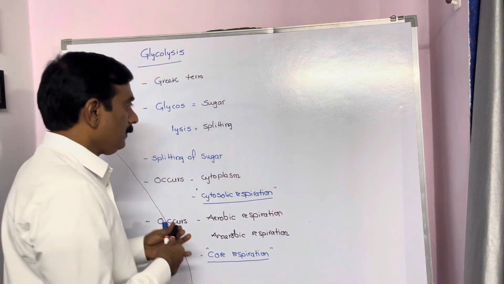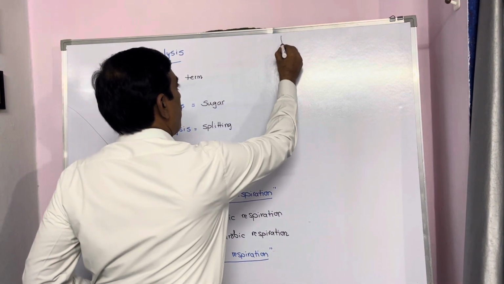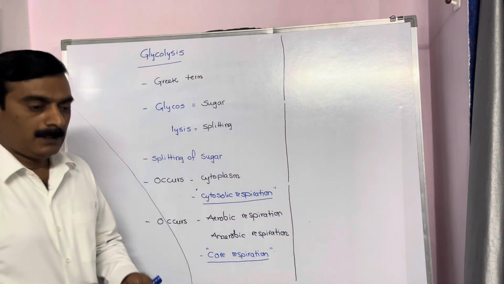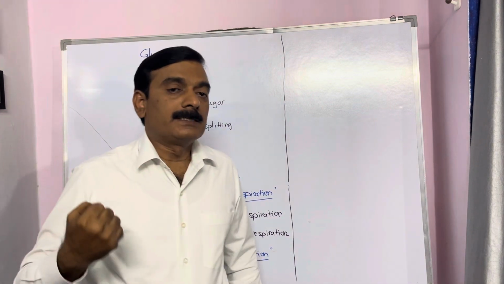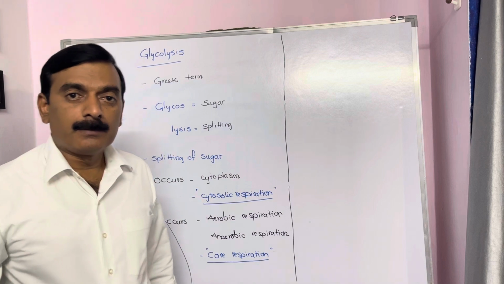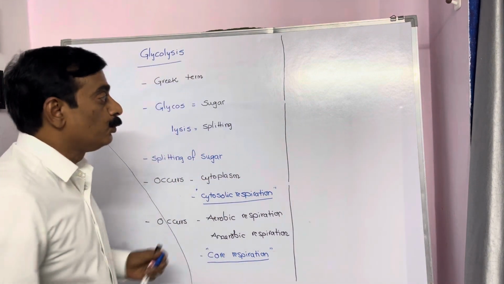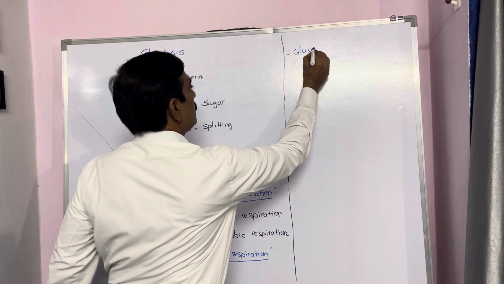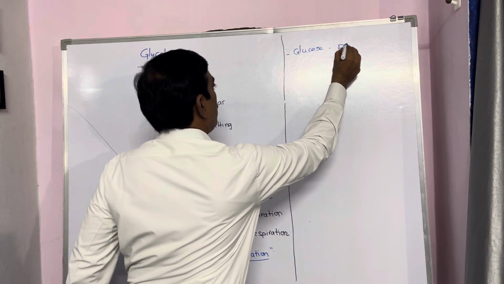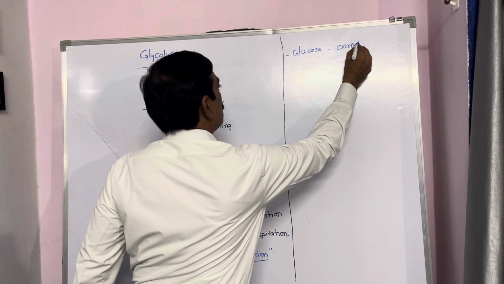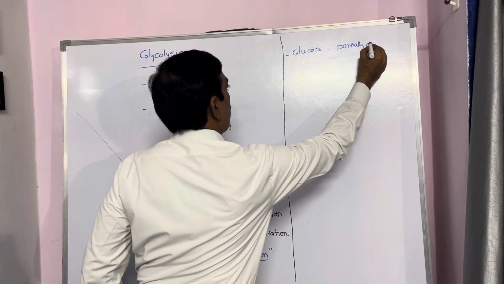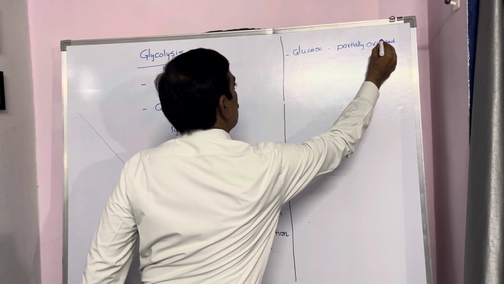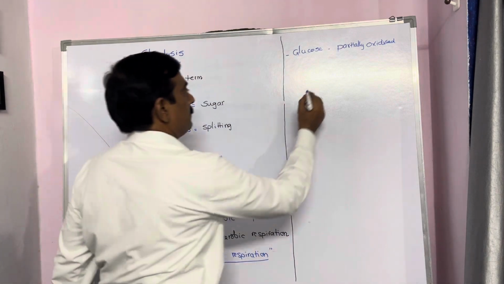Okay, now in glycolysis, the glucose molecule is partially oxidized into two pyruvic acids.